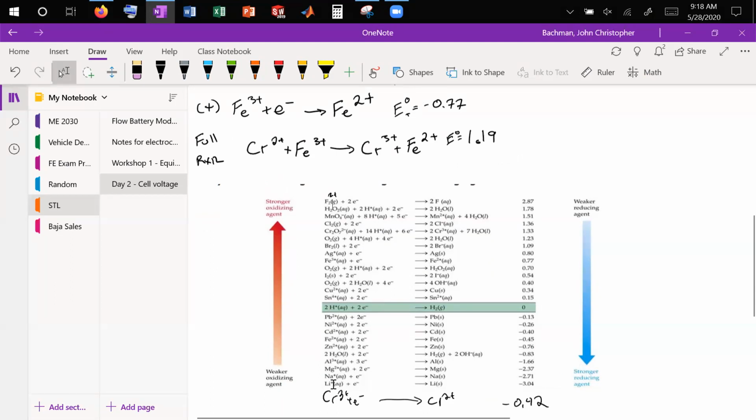The way you can think about that is lithium, for example, really wants to go to the right on this reaction. And so that means it really wants to give its electron to something and reduce it, right? So that's why this is a strong reducing agent. This is a strong oxidizing reaction. This really wants to go this way and wants to take 2 electrons from something to do this reaction.